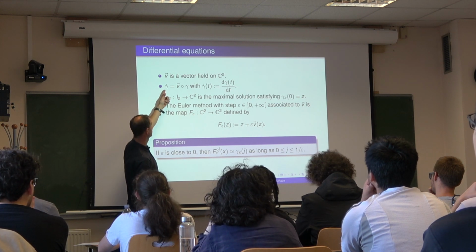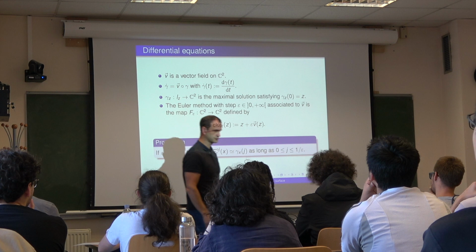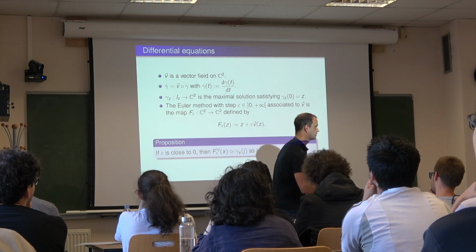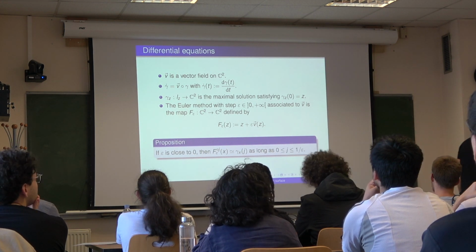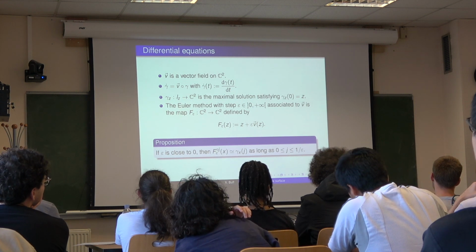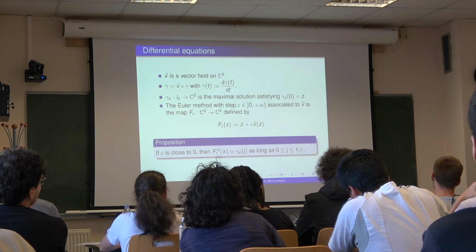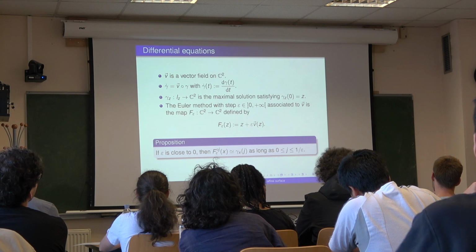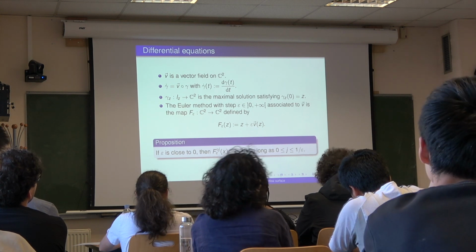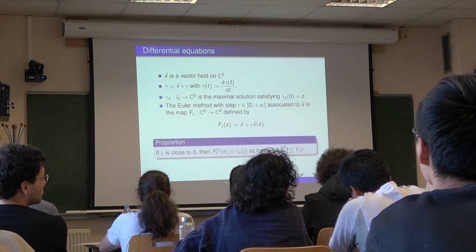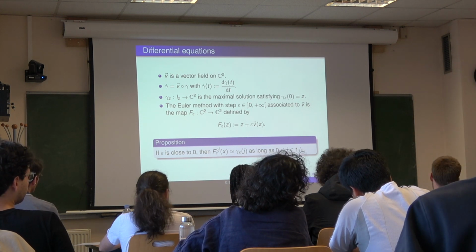A solution of the differential equation is something you write as gamma. So the solution is parameterized by time, t. You want that d gamma over dt evaluated at some point t is equal to the vector you have at the point gamma of t.